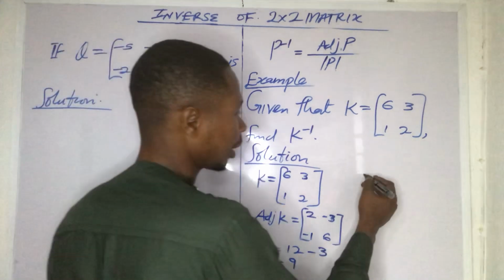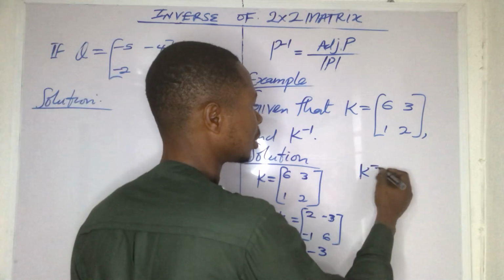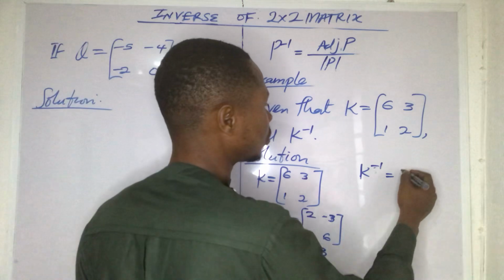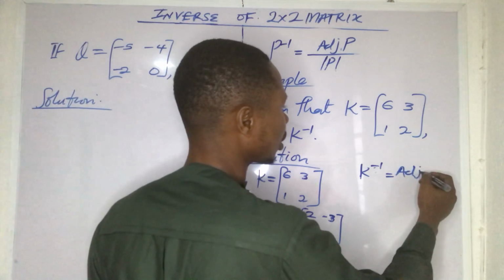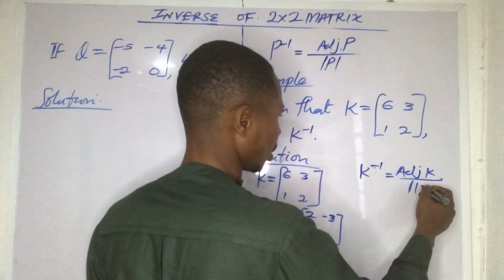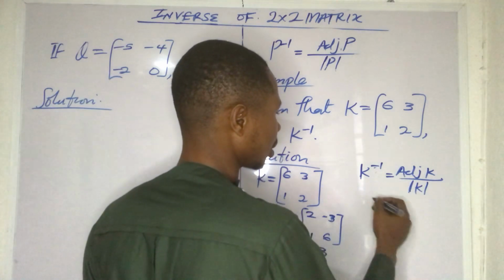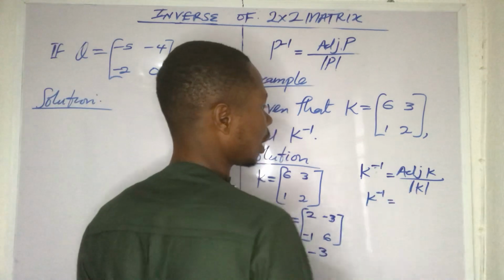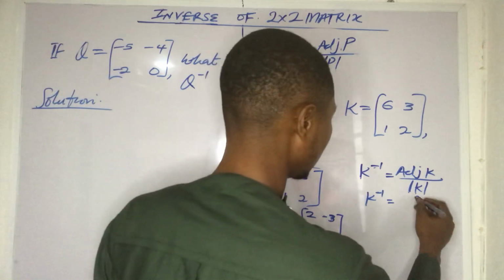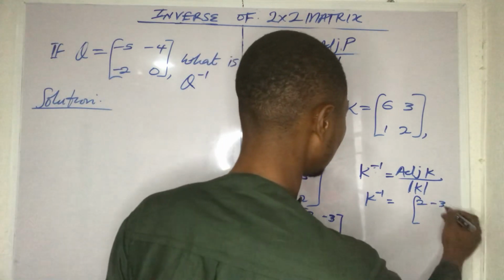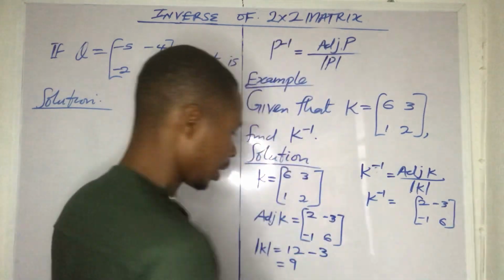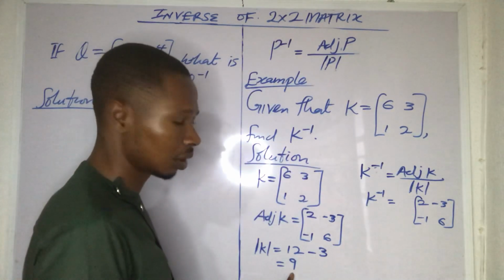So therefore my K inverse will be equal to adjoint of K over determinant of K. Adjoint of K is this, so you have 2, -3, -1, 6 divided by the determinant, which is 9.